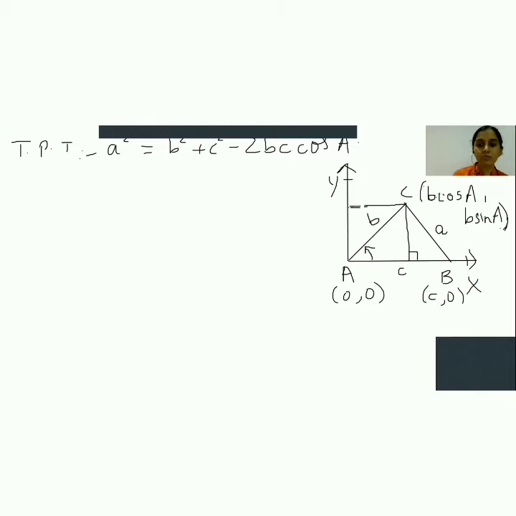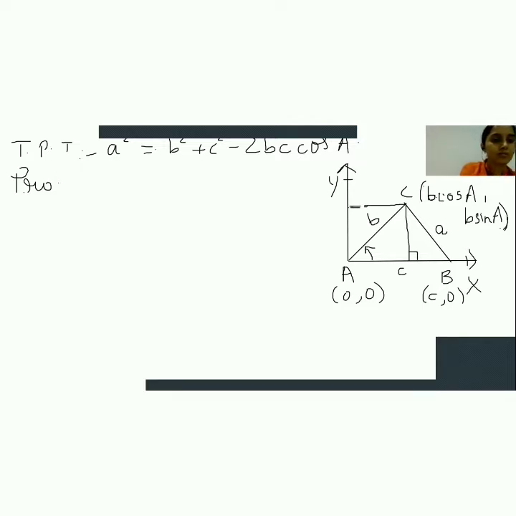Now how do we start the proof? In the proof we have to mention that point A is the origin. So let's begin. Proof. Point A is origin.